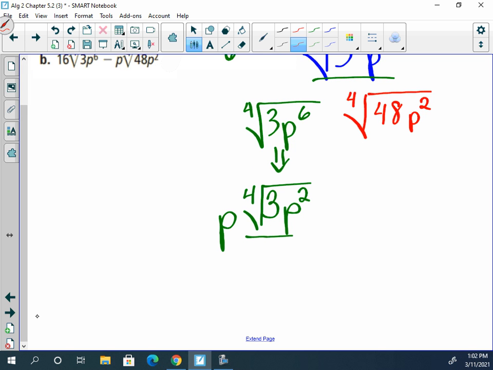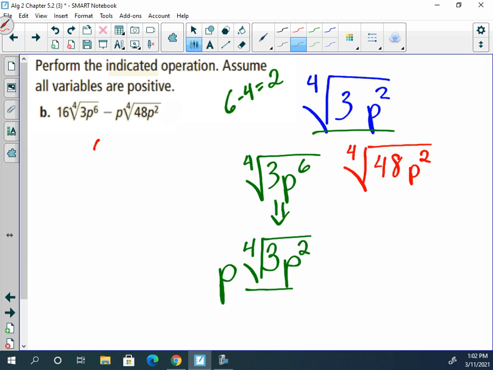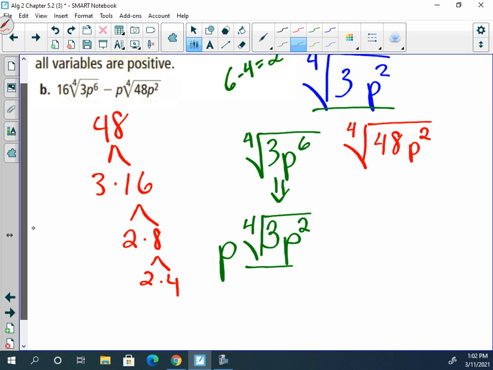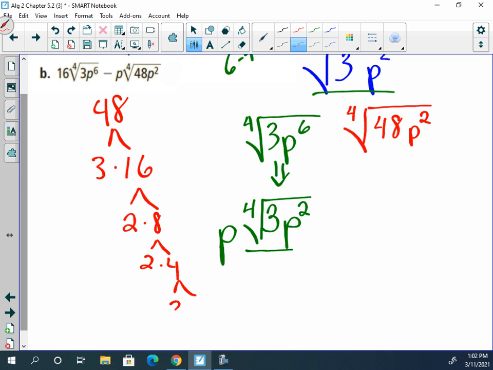Yes. So, okay, I'm going to write it over here so we can still see everything. 48 is indeed 3 and 16. Well, 16 is 2 and 8. 8 is 2 and 4, 4 is 2 and 2. Well, I've got 4 2's, yes? 2 to the 4th?